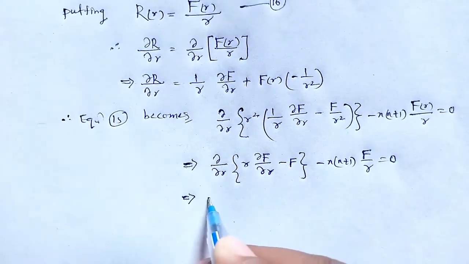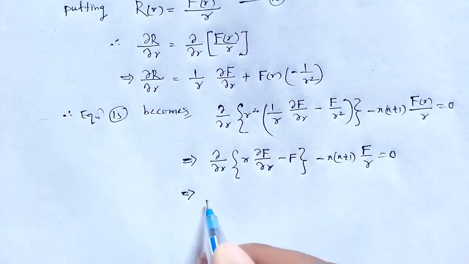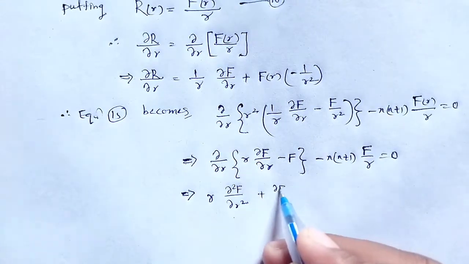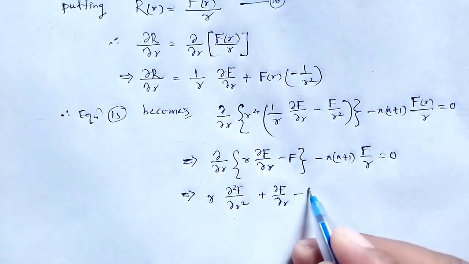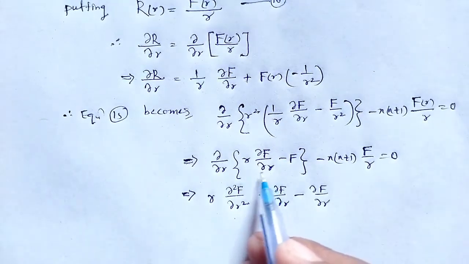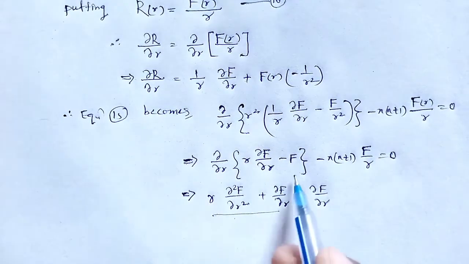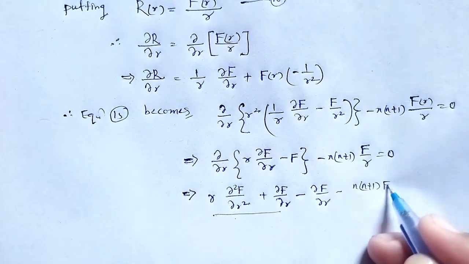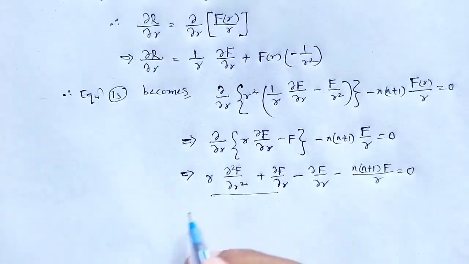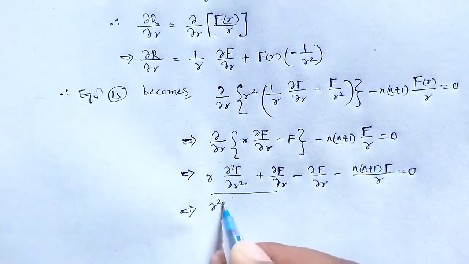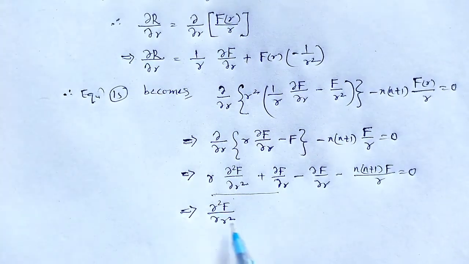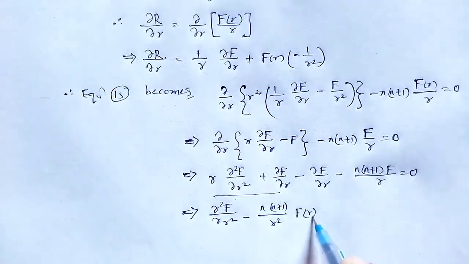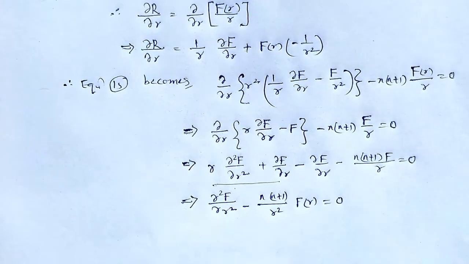Which implies, taking its differentiation, r del 2f by del r2 plus del f by del r minus del f by del r, using the product of these two terms, this one is the differentiation, then the last one minus n into n plus 1 f by r is equal to 0, which implies del 2f by del r2 minus n into n plus 1 divided by r square f of r is equal to 0.